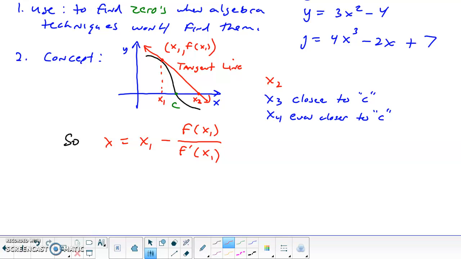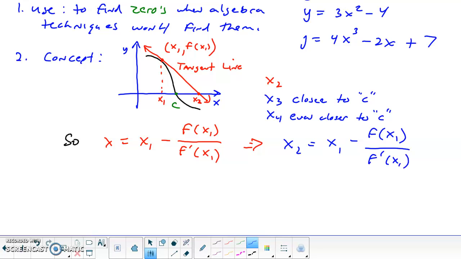And you keep going down the road. So next down the road is, I don't even want to write that one, this one. So x sub 2 is going to be x sub 1 minus f of x sub 1 divided by f prime of x sub 1.